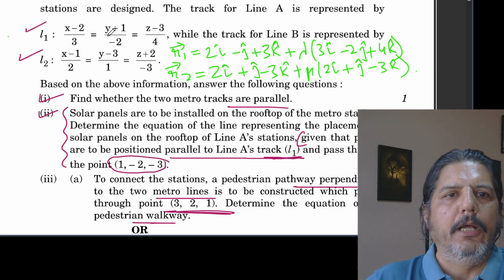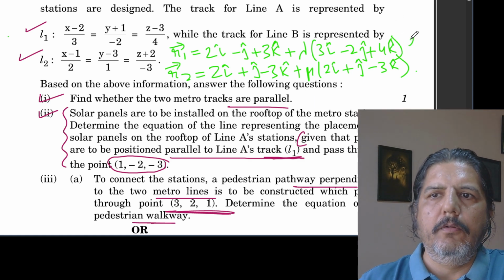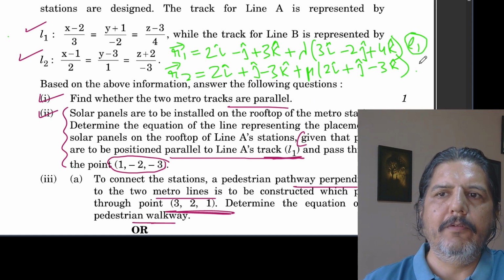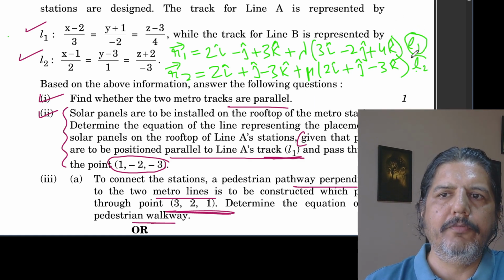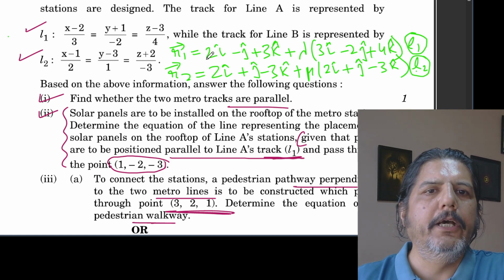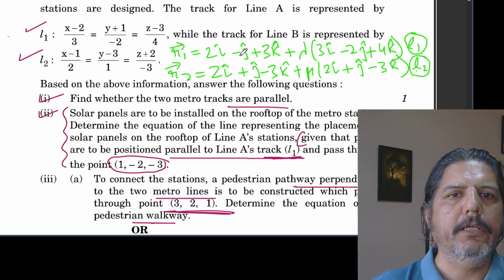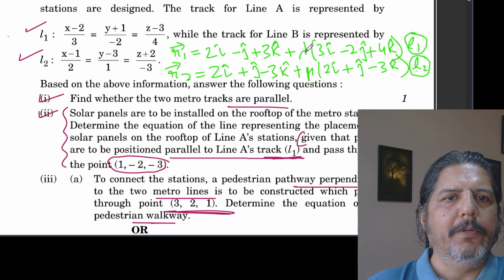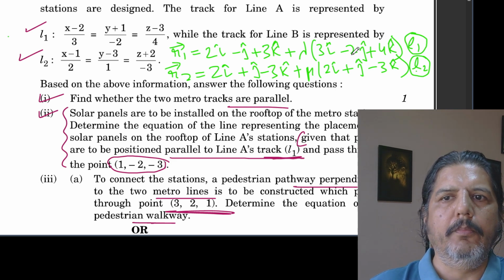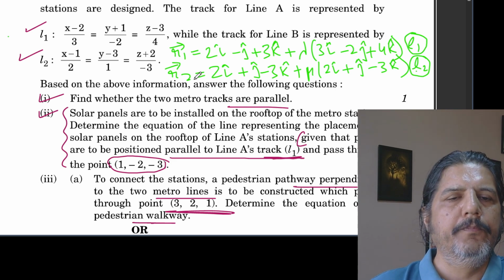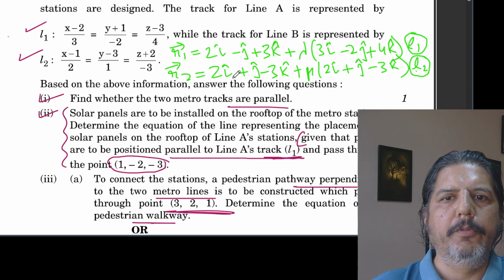So the vector form of L1 looks like this, and the vector form of L2 looks like this.